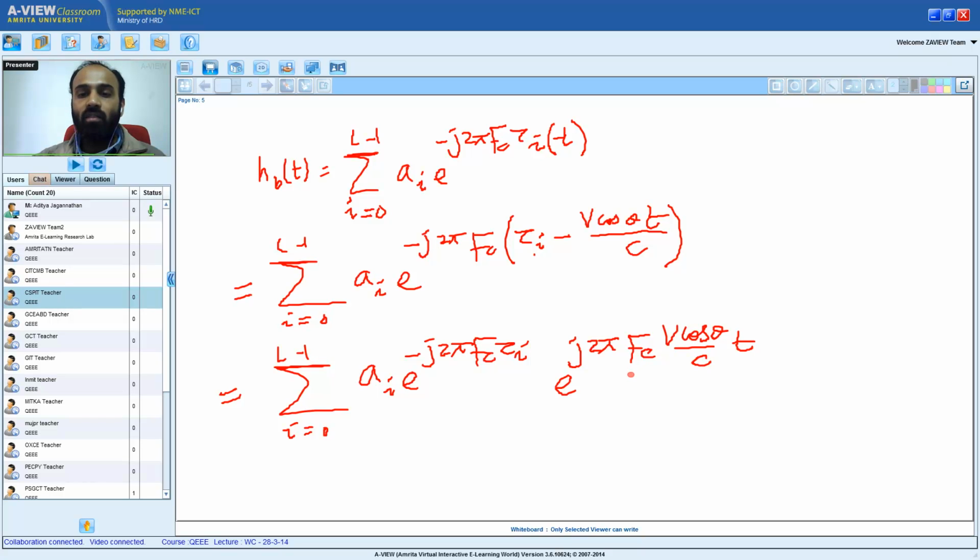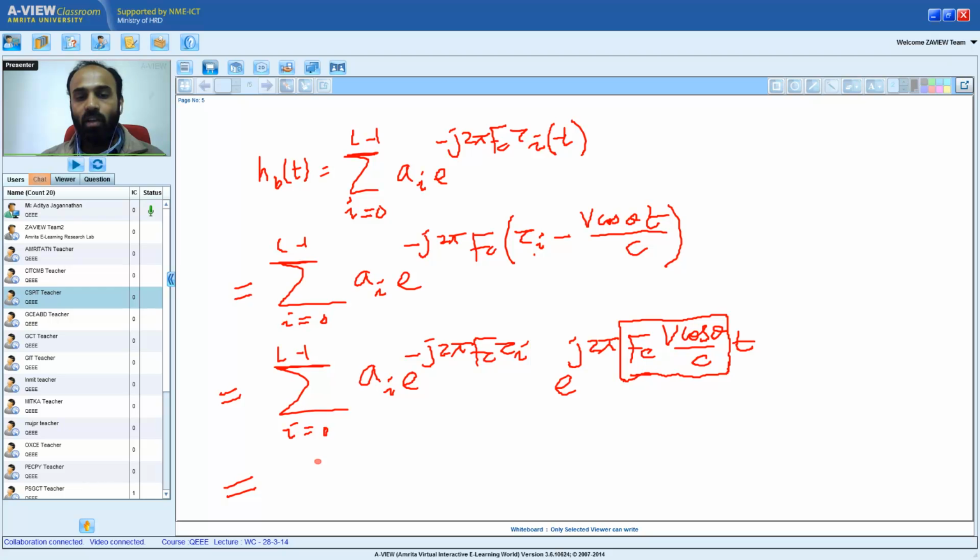But look at this, f_c v cosine theta by c. Can someone tell me what f_c v cosine theta by c is? We just defined it. That is the Doppler frequency f_d. That is exactly correct.